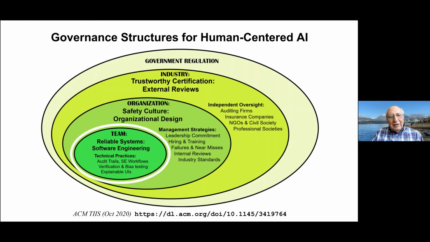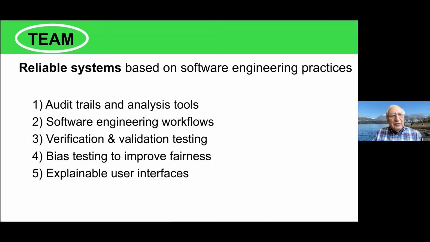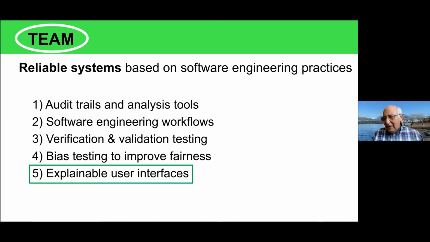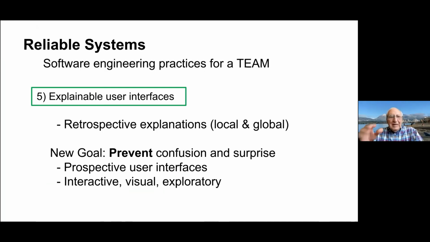So I'll just focus narrowly for today on the team issues, and there are 5 of those. I'll just say briefly that audit trails and analysis tools are important. The idea of incident reporting and forensic analysis is necessary, essentially a flight data recorder for every robot, and then these other strategies, and I will focus just in the remaining minutes on explainable user interfaces.